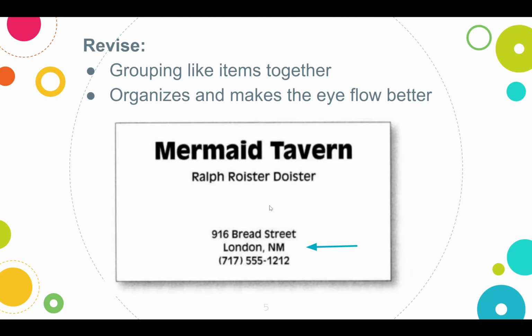Then you have a bit of a break. A blank space kind of means a breather. And then we've grouped the other information together that makes sense for people to find it quickly and go, oh, it's on 916 Bread Street. Awesome. Can I call them? Yes, there's the information. So proximity helps us to organize the eye flow for the reader.